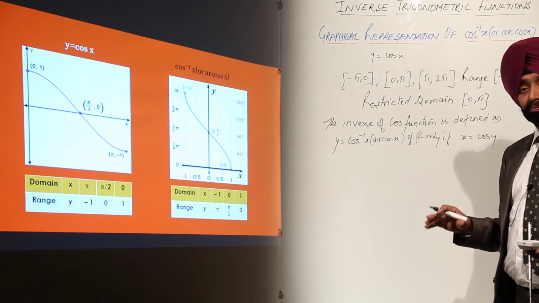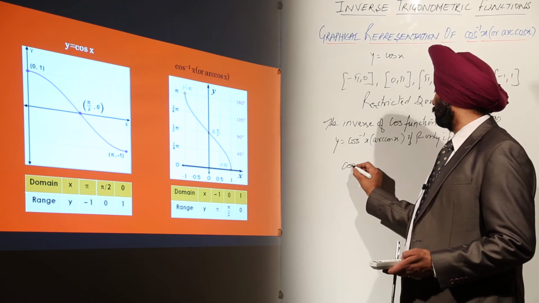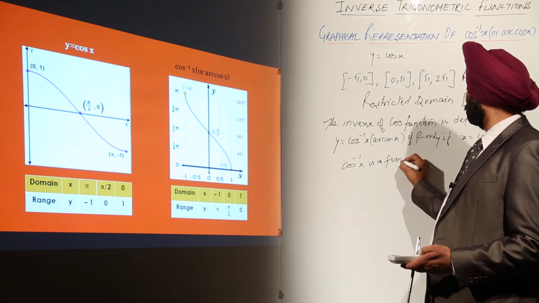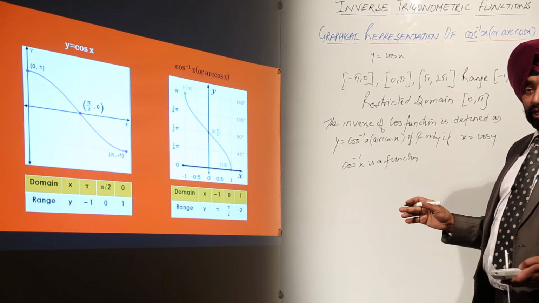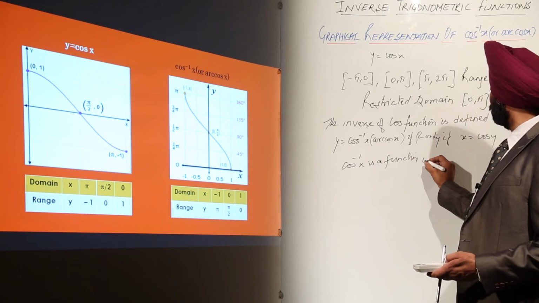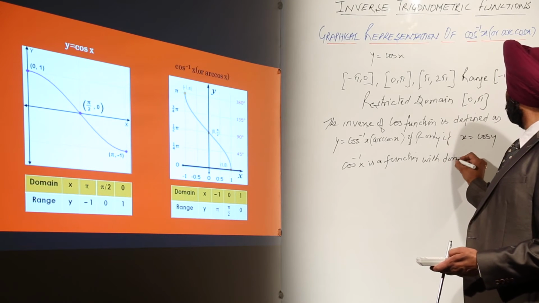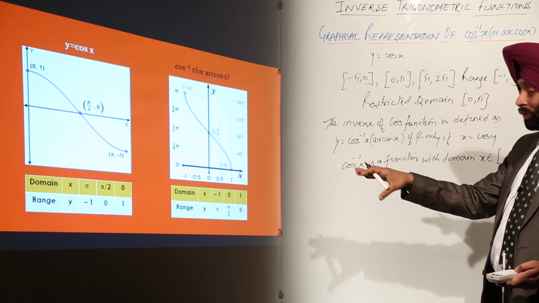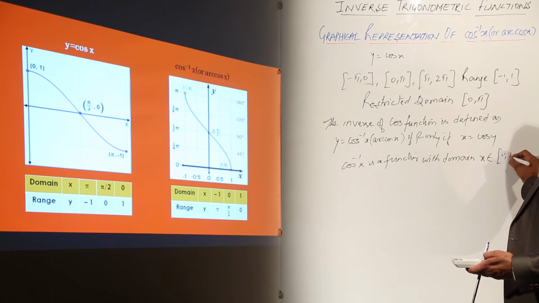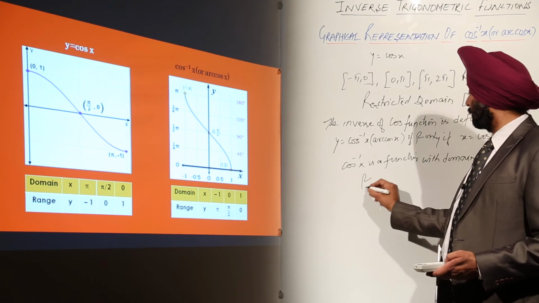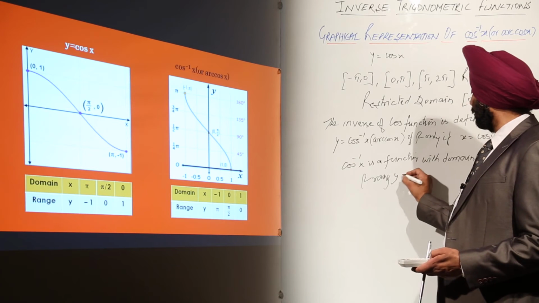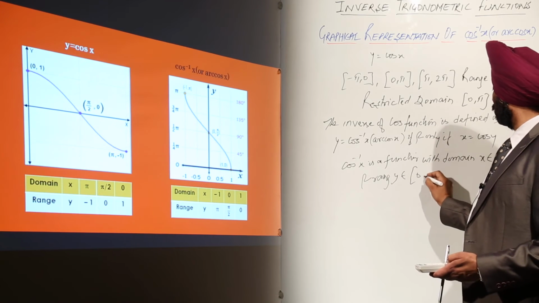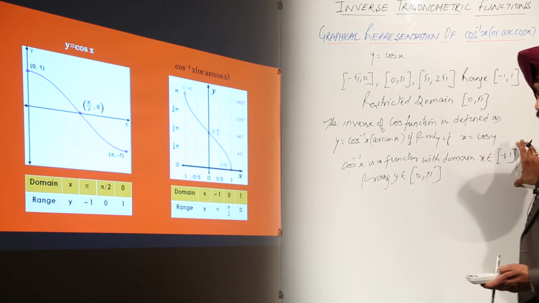Now cos inverse x is a function with domain x belongs to -1 to 1, since their range was -1 to 1 and domain and range are interchanged, and range y belongs to 0 to pi. So this is the basic thing for the inverse part.